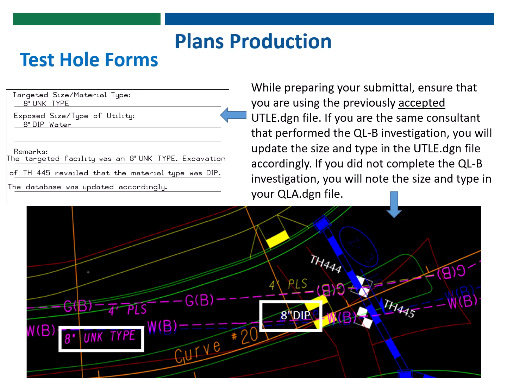So if you completed the QLB investigation, you will place those updates in the DGN UTLE file. And if you did not complete the QLB investigation, you will provide those updates into the QLA DGN file that you've created for the submittal that was mentioned earlier in the presentation.